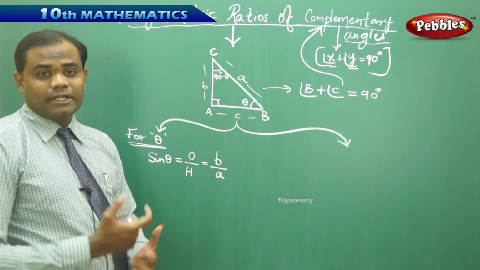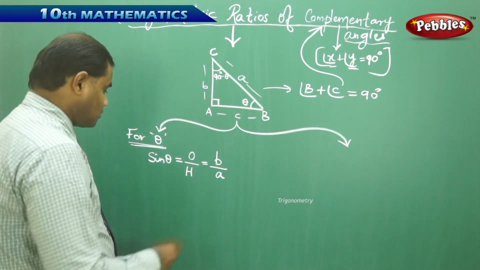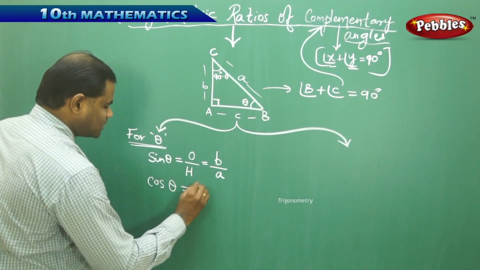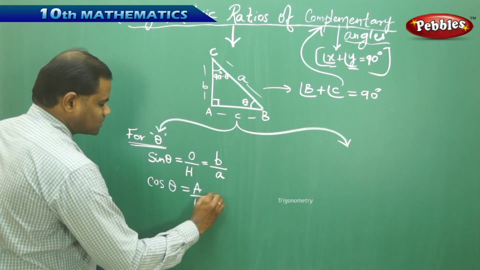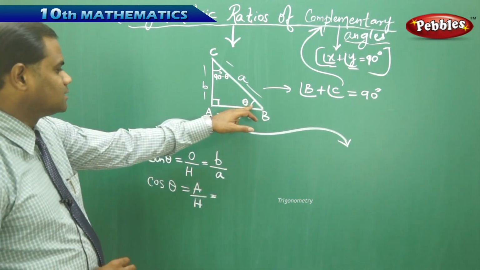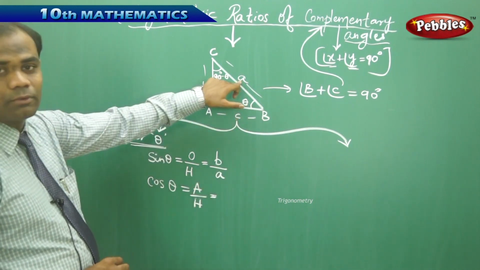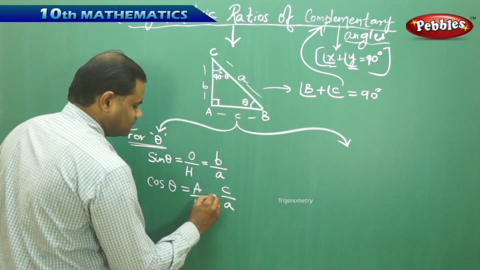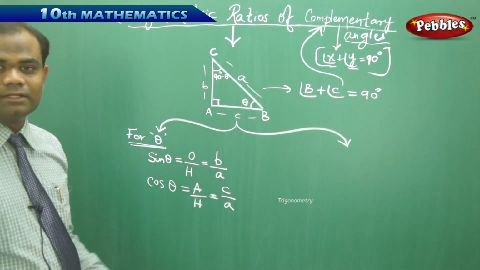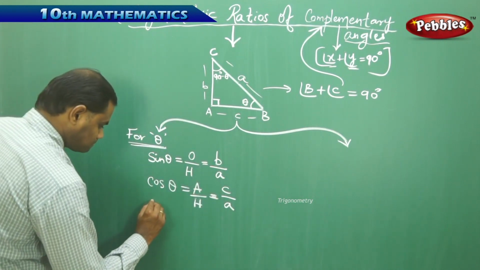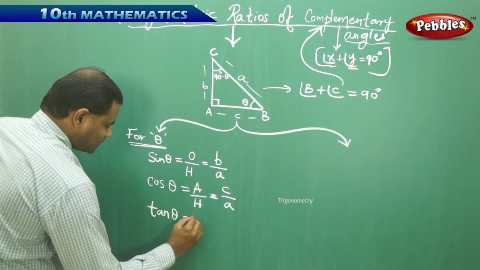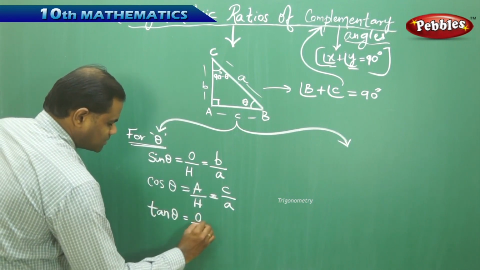Similarly, the next trigonometric ratio is cosine theta. Cos theta is adjacent by hypotenuse, which for the angle theta, adjacent is C and hypotenuse is A. So I get this as C over A. Thirdly, tan theta is opposite by adjacent.